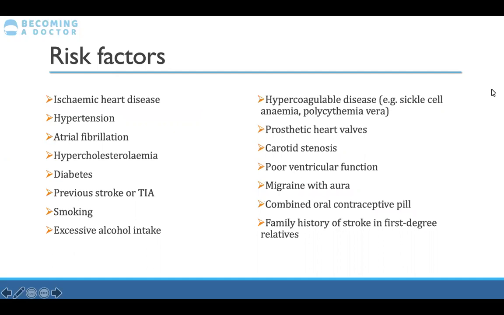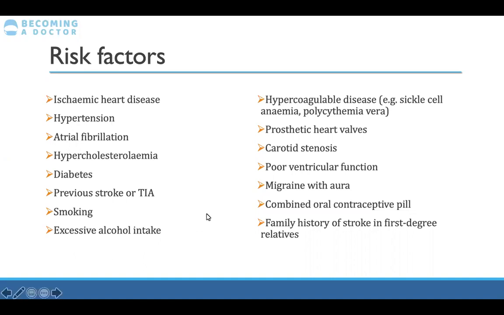And finally, here's a whole list of risk factors. Ischemic heart disease, obviously that means they are a vascular patient, and hypertension. I will come on to this: there are two types of strokes, the ischemic stroke and the hemorrhagic stroke. Hypertension increases the pressures within the blood vessels, and that can put you at a higher risk of hemorrhagic strokes.